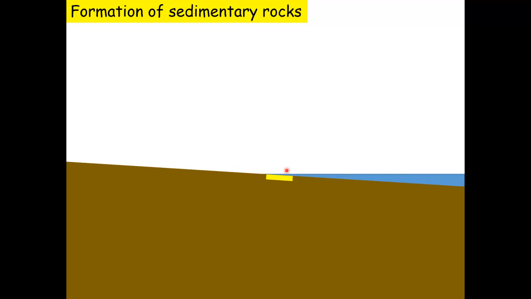Now, it's all forming right in this area here, right where the river meets the coast. Now what happens if sea level were to rise? As sea level rises, the location where the sand gets deposited moves inland because the coast moves inland.